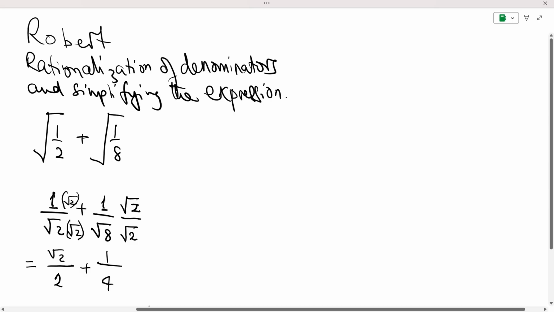So this bottom expression becomes root 2 over 2, as we've seen, and also the top here becomes square root of 2. So here we have root 2 over 2 plus root 2 over 4.